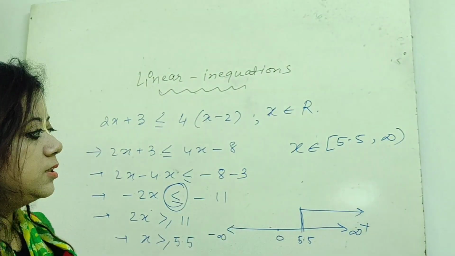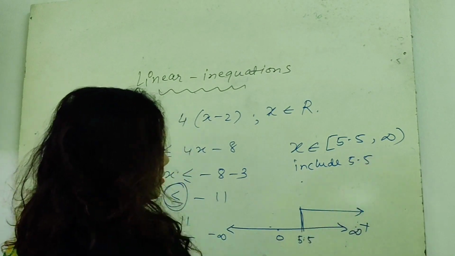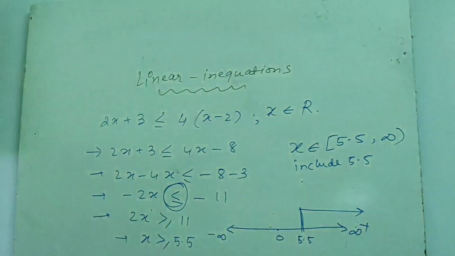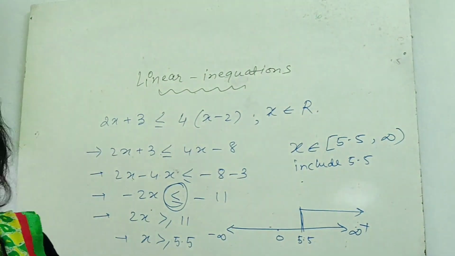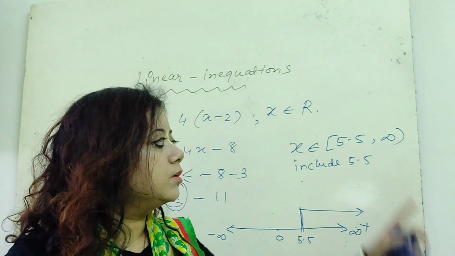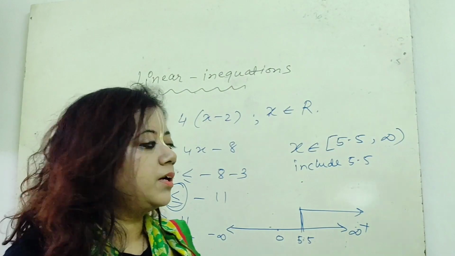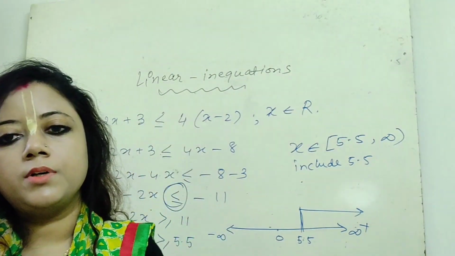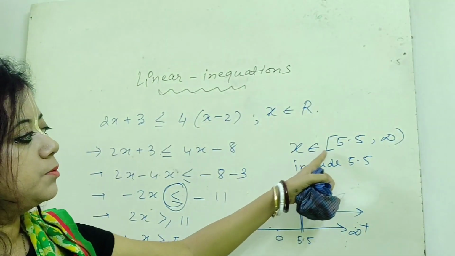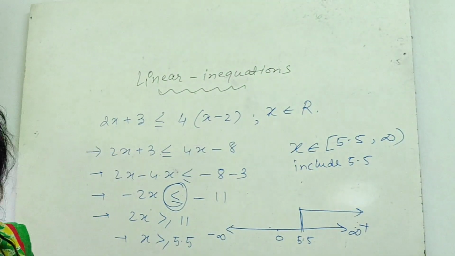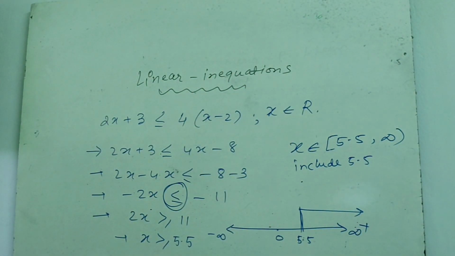Third bracket means it will include 5.5. Infinity is a symbol, not a number, so I cannot put a third bracket. It cannot touch infinity, but it will touch 5.5 and go from 5.5 to infinity. So that is why the number line is like that, and the answer is x belongs to [5.5, infinity). Okay. Next, we'll go to the next problem.